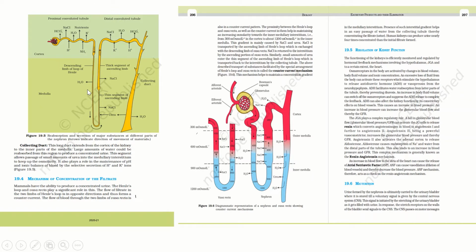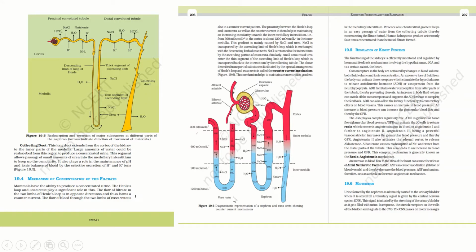This structure is basically the structure of a juxtamedullary nephron, right? Because these juxtamedullary nephrons have long loops which are deep into the medulla, this increases the urine concentration. How? We will see it over here.